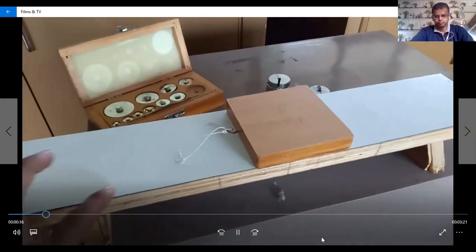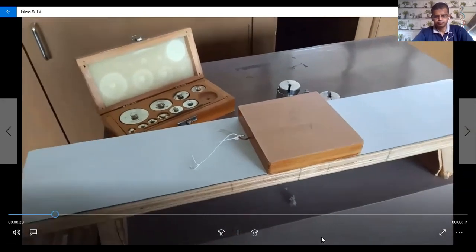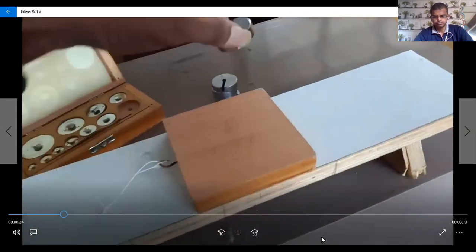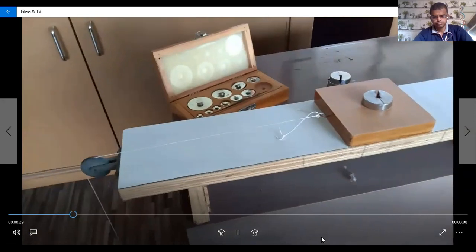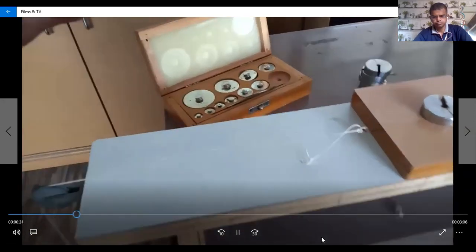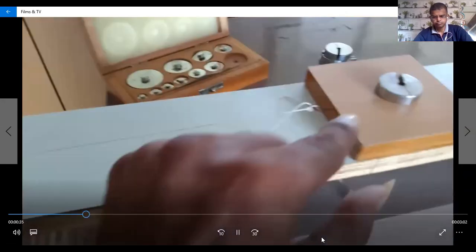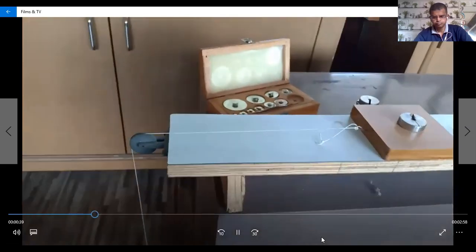We try our best to remove friction from the surface. First we use 50 grams on the block, and then we put some mass from the weight box on the pen. Now the block moves very easily on the surface, and then we record our answer.